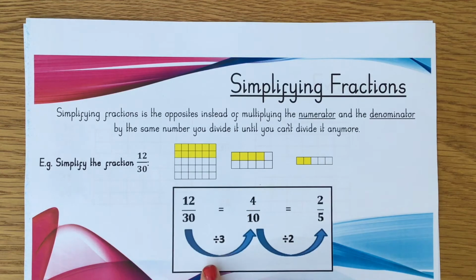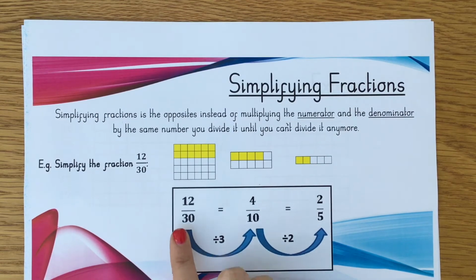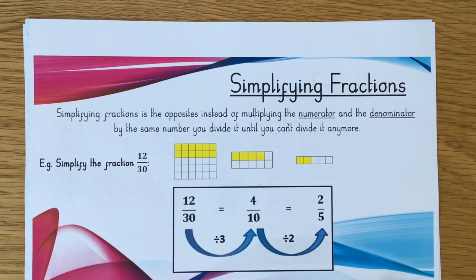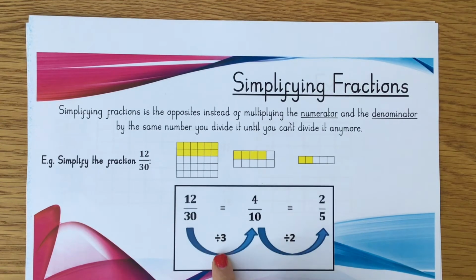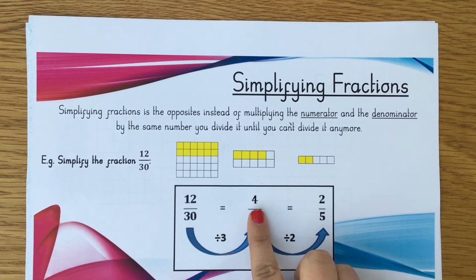Okay, now I'm thinking of a number that can be divided by the same number. So I know that 3 is in the 12 and 30 times table, so I can divide them both by 3. So 30 divided by 3 is 10, and 12 divided by 3 is 4.